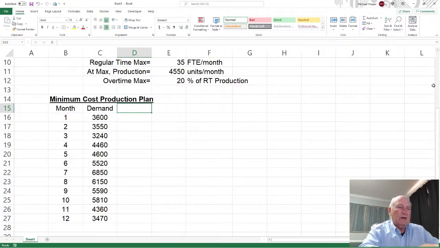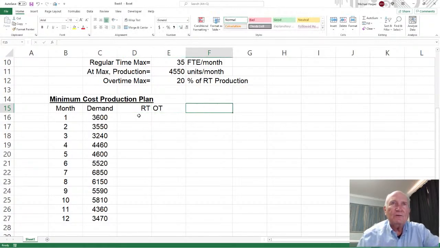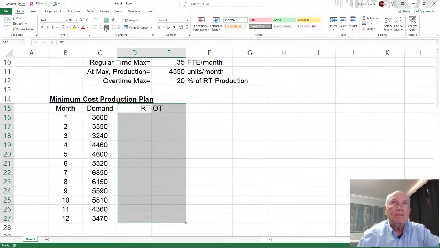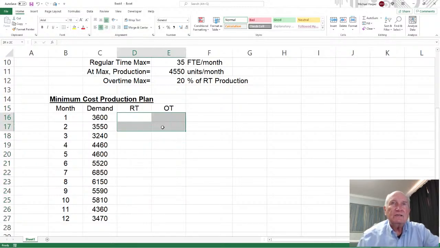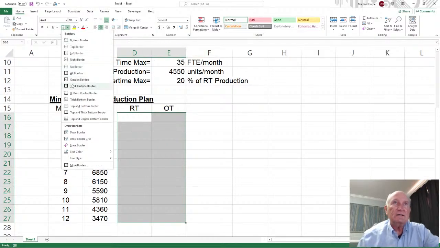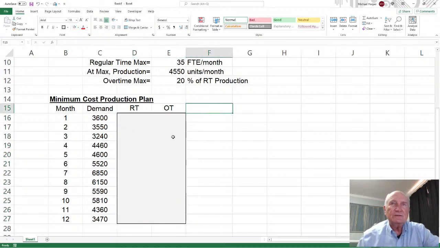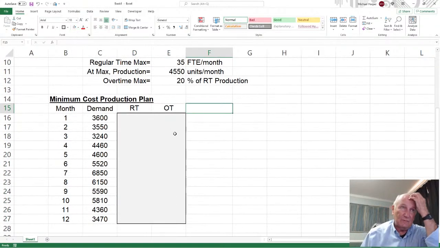Let's start with our regular time production and our overtime production, and let's center these. Let's let both of these be our decision variables. So let's box it in and shade it in. These are our decision variables, our regular time and overtime.